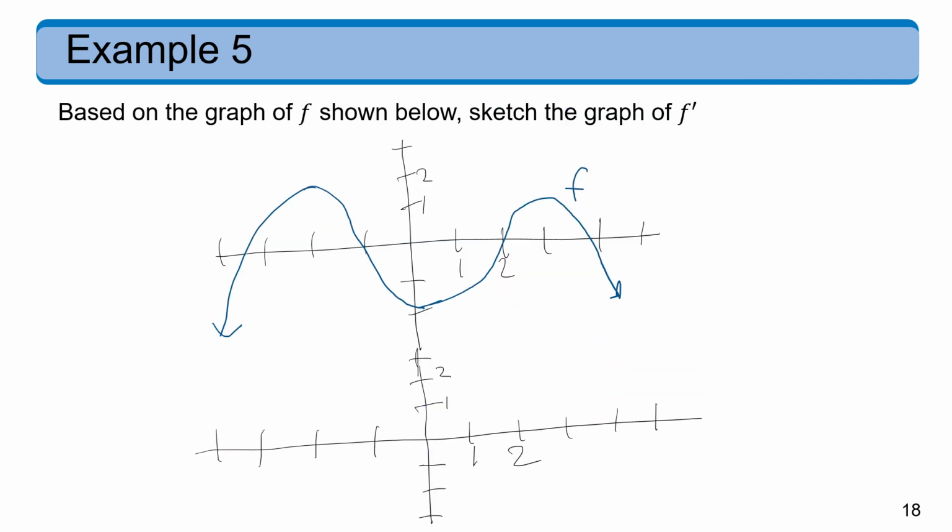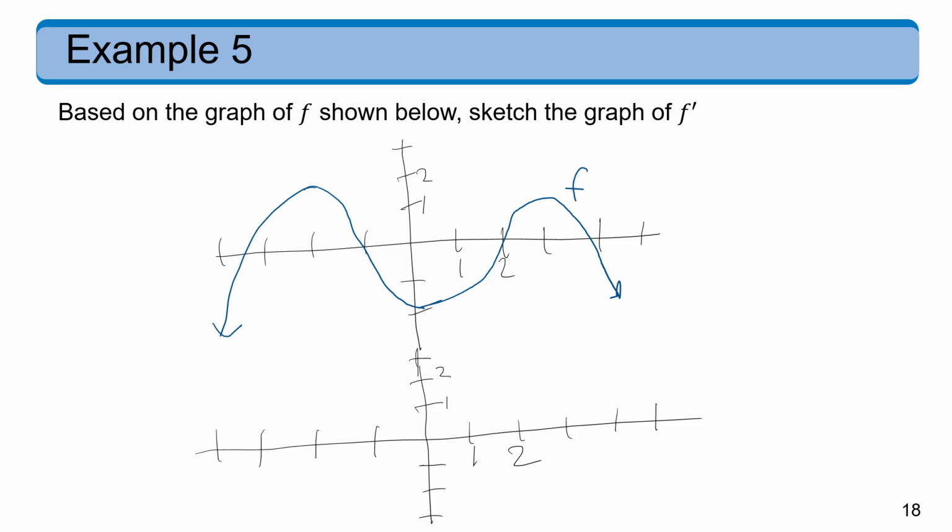Here we're given a graph of a function f, no formula, just a graph, and we want to sketch what f prime would look like. So remember, what you want to look for are picking some points on the graph of f, sketching the tangent line, and estimating the slope of the tangent line. A good place to start is to locate the points where the tangent is horizontal.